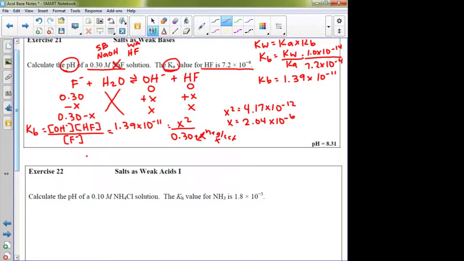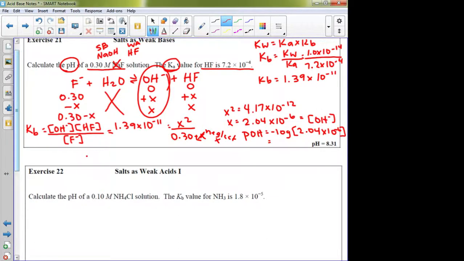Now, my x gave me my concentration of what? OH negative. How is that going to help me get my pH? pOH and then subtract it from 14. There you go. So I'm going to find my pOH, because this is equal to my concentration of hydroxide. So pOH is equal to the opposite of the log of 2.04 times 10 to the negative 6.